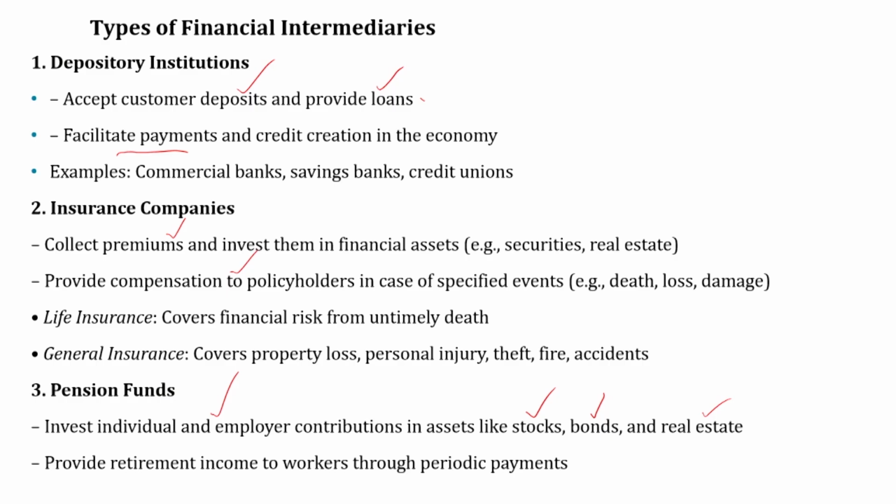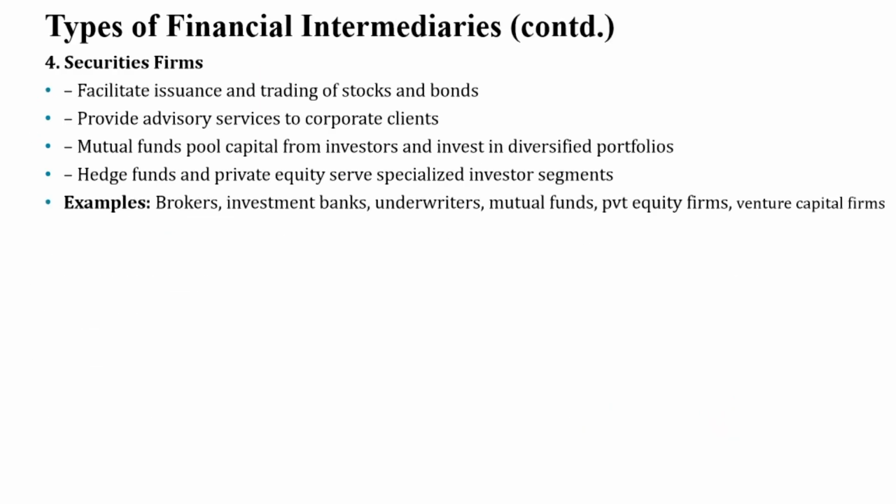Moving further, another kind of financial intermediary is securities firms. These firms are more central to capital market operations. They facilitate the issuance and trading of securities like stocks and bonds. They offer mainly advisory services to corporate clients, particularly for mergers, acquisitions, and capital raising.